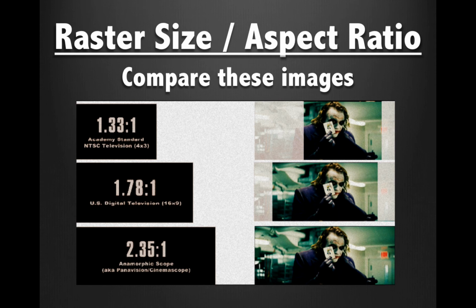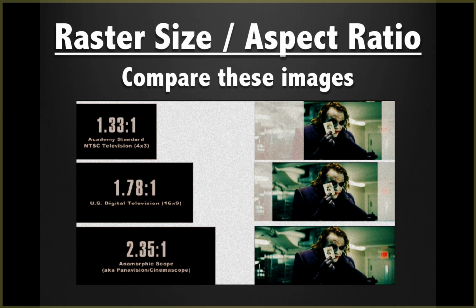Standard definition video, as I mentioned before, was 4:3. So if you take a look at this image from The Dark Knight, it was shot in what's called 2.35 to 1, which is CinemaScope, or a form of CinemaScope. And it's a very wide image. If this is going to go on a standard definition television screen and you didn't want to letterbox it, if you ever see a movie that has those black bars on the top and the bottom of the screen, it's because they're trying to show you the original aspect ratio of the image.